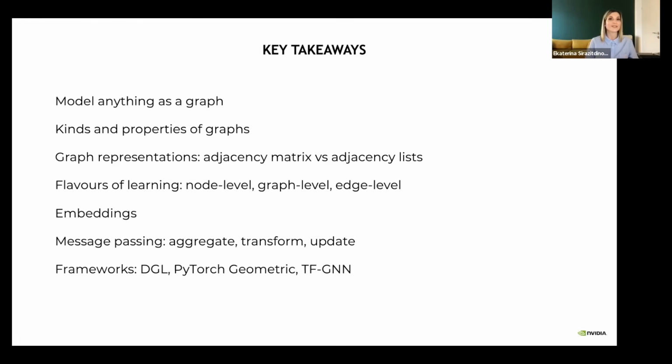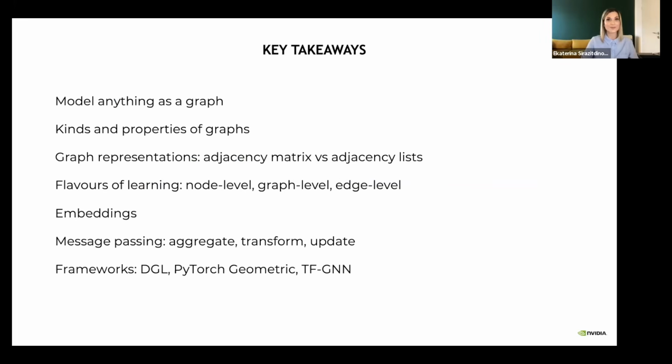And we've learned that there are 3 major steps we need to perform, which are aggregate, transform, and update the value to learn your embeddings. And finally, I've shared with you that you don't need to implement everything from scratch, because there are already nice frameworks available, like DGL, PyTorch Geometric, or TF-GNN.